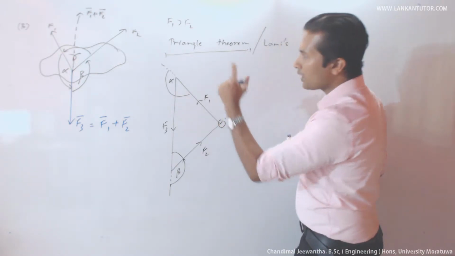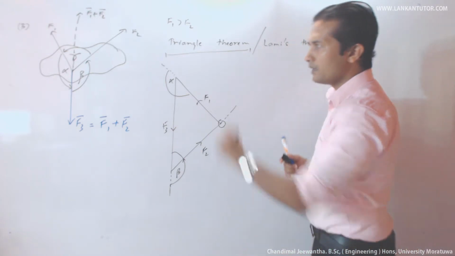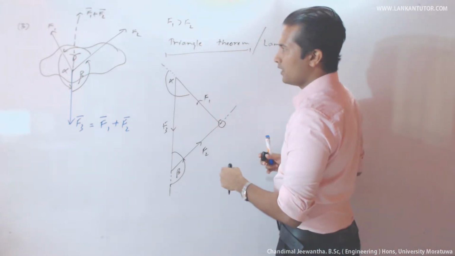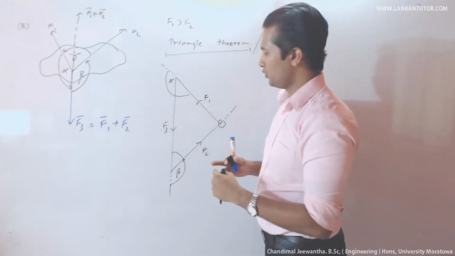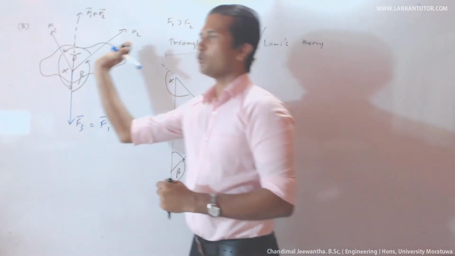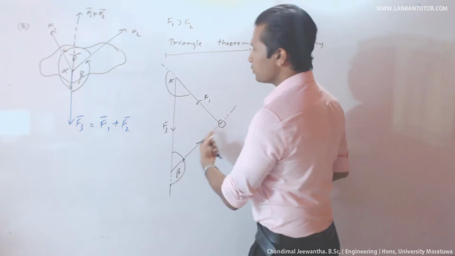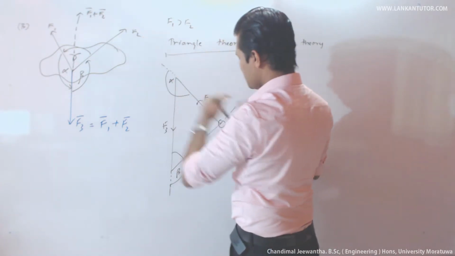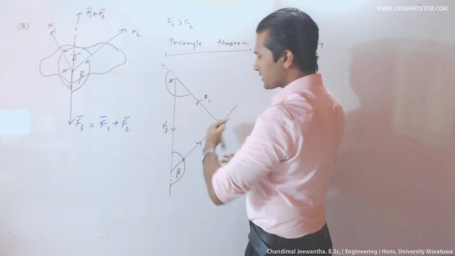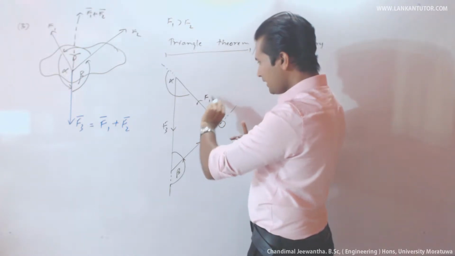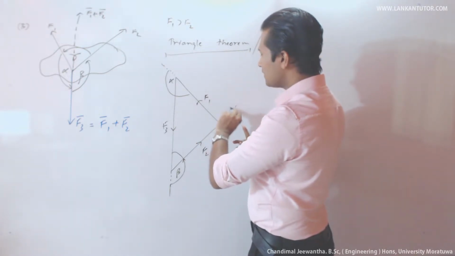So how would you mark the angle gamma? Gamma is the angle in between F1 and F2. This F2 is parallel with this, so you may have to extend F2, then take the angle.